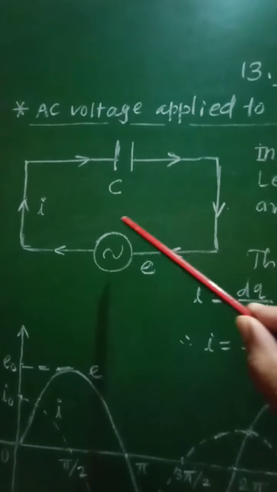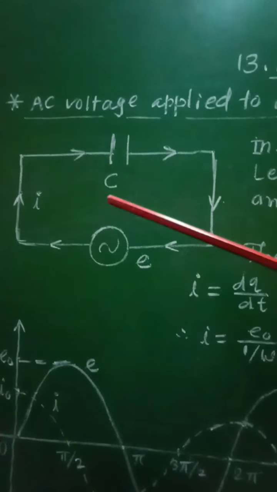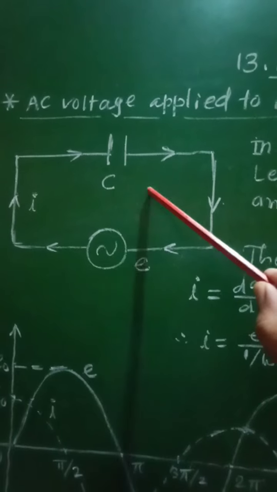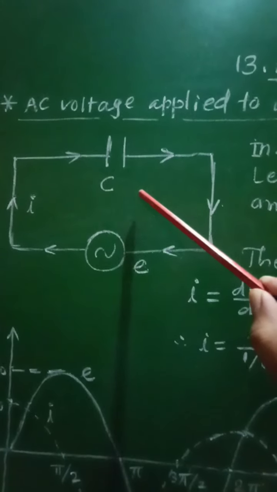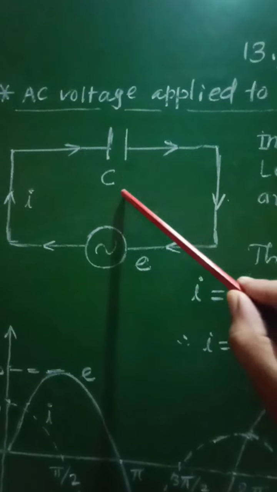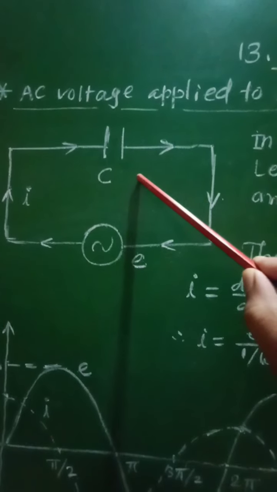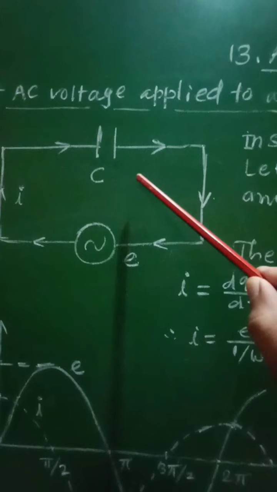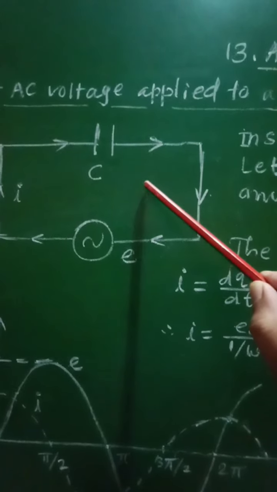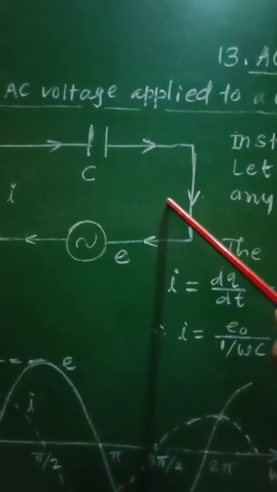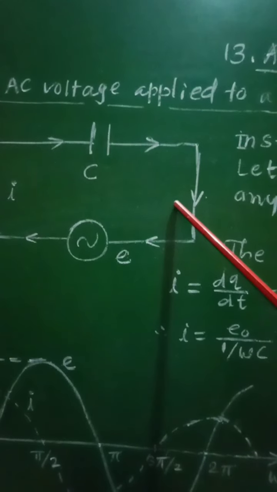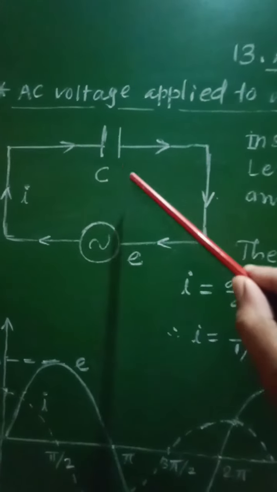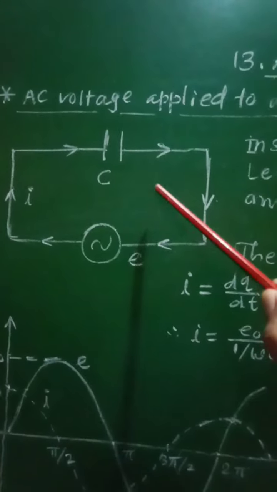The current I flowing through this circuit transfers the charge to the plates of the capacitor, producing the potential difference between the plates of the capacitor. As the current reverses its direction in each half cycle as it is alternating, the capacitor is alternately charged and discharged.